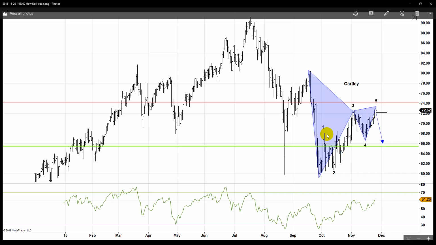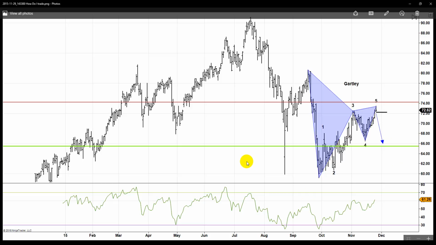And I also see a 5-wave sequence that's finished: wave 1, 2, 3, 4, 5. So with that said, we're supposed to see a reversal down, even below, to 64. But I would put my profit limit at 65 and some change.